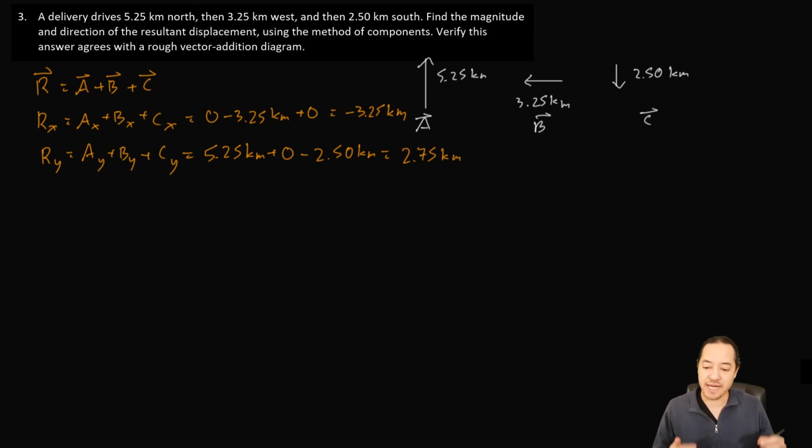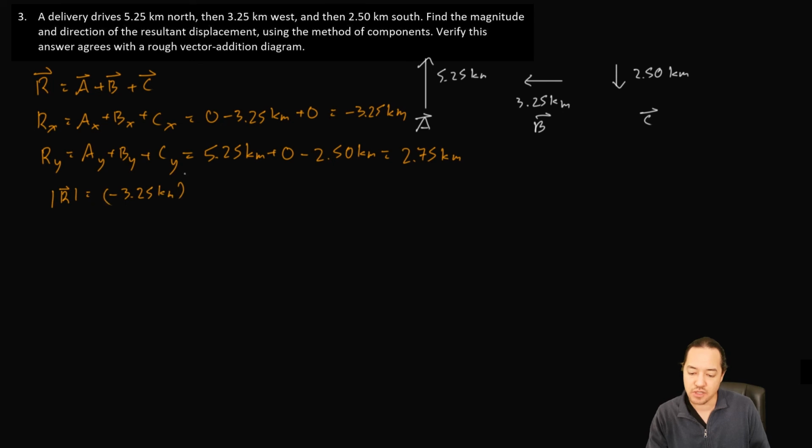So now the magnitude and direction should be fairly easy to compute, where the magnitude of r is going to be equal to, using the Pythagorean theorem, negative 3.25 kilometers squared plus 2.75 kilometers squared, and then we take the square root of all of that.